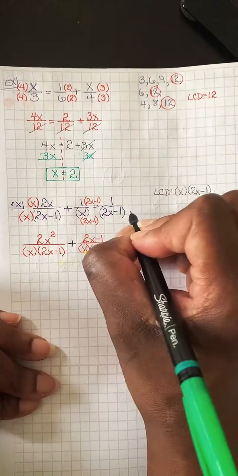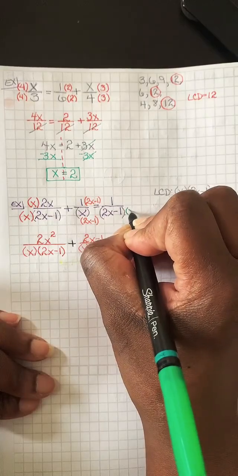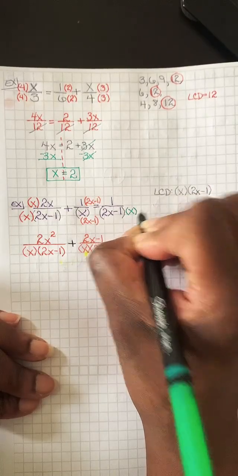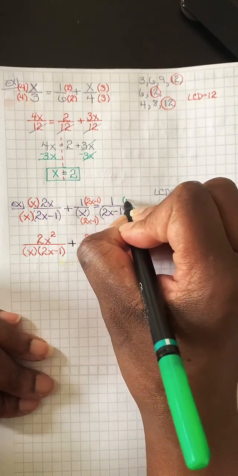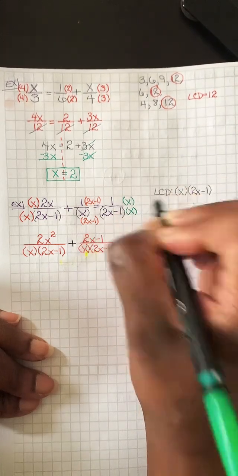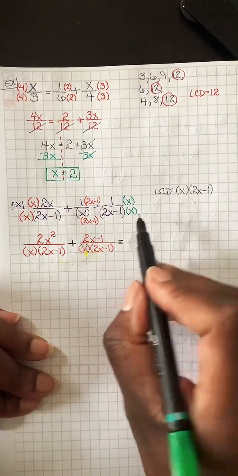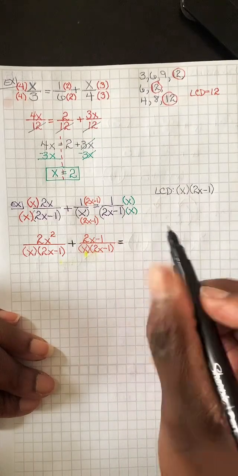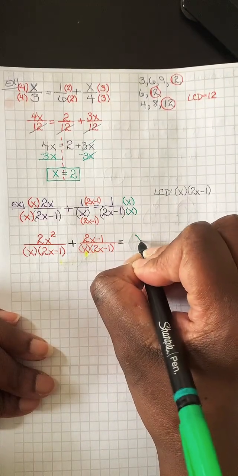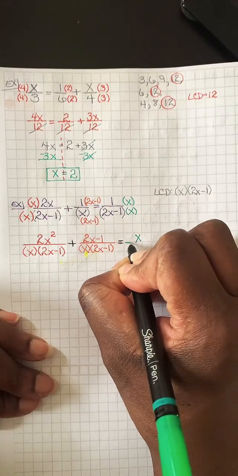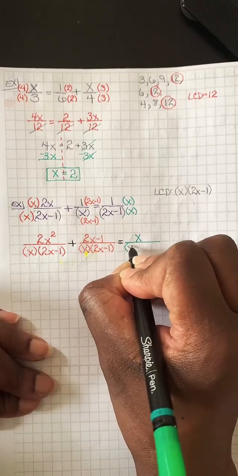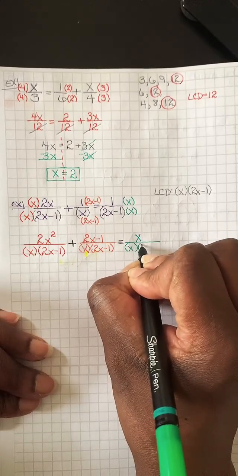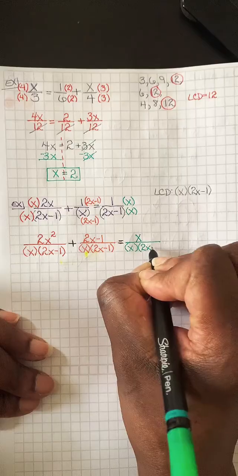All right. So we are just missing the x. Whatever I multiply in the denominator, I multiply in the numerator. So now I got 1 times x. My numerator is simply going to be an x over, and I could still put it as x times 2x minus 1.